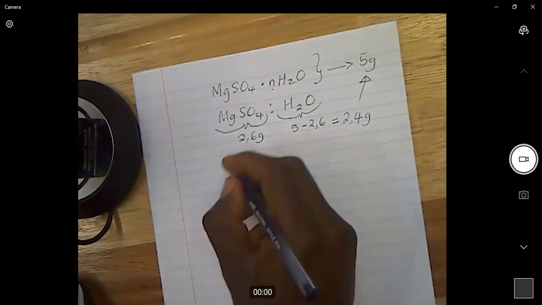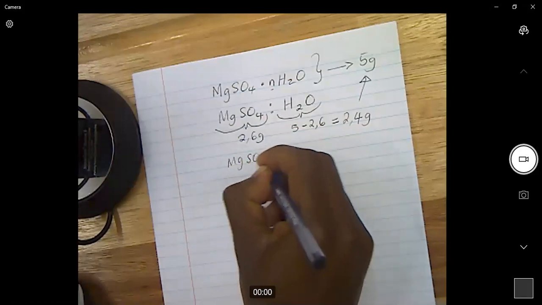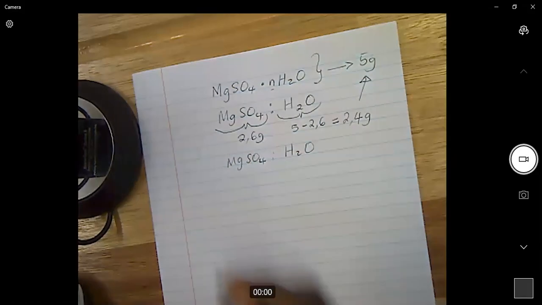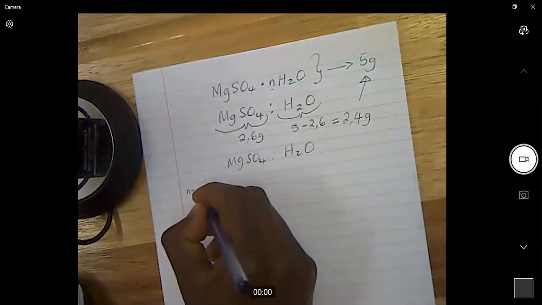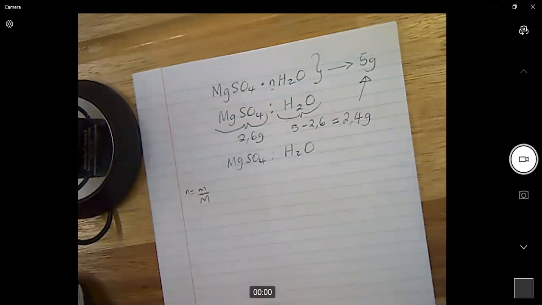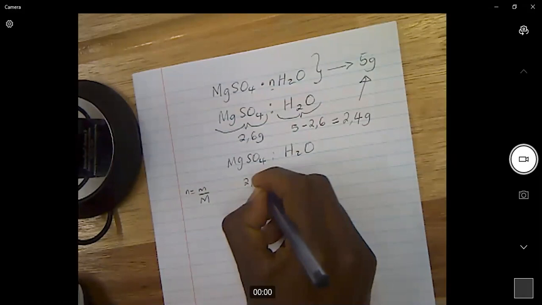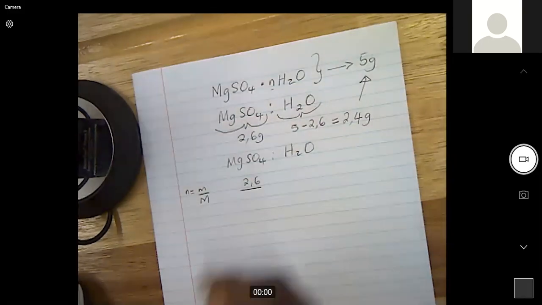We do our empirical formula now. I'm just going to have to repeat this because I messed up by putting these masses here. Number of moles is equal to mass over molar mass. MgSO4's mass, I know it, it's 2.6, over the molar mass. So I'm going to need the molar mass for MgSO4. I'm going to check on the periodic table.